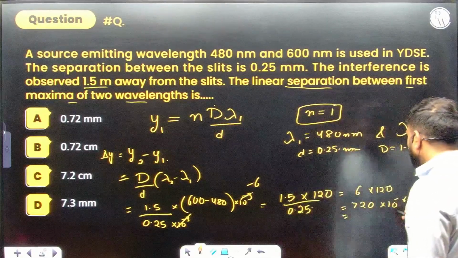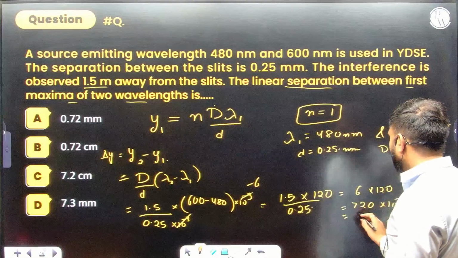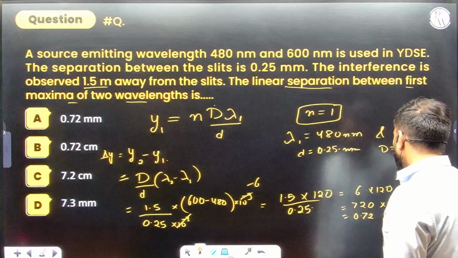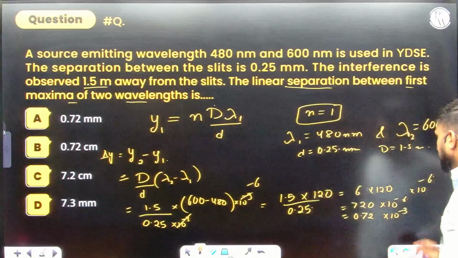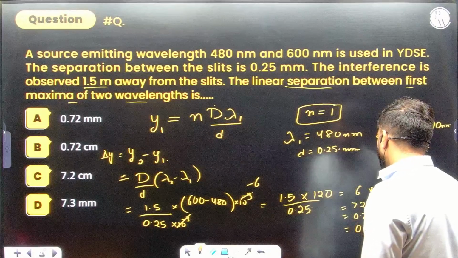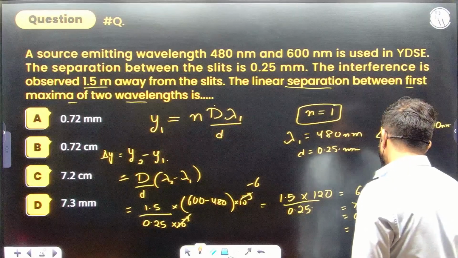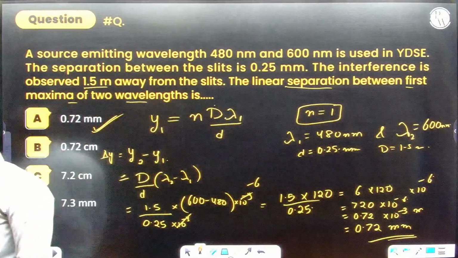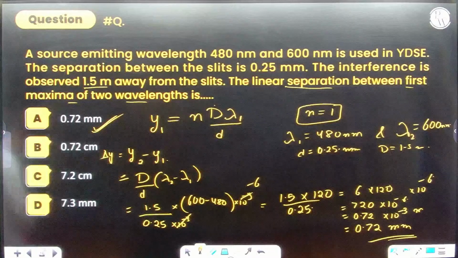So I'll take the 10 to the power minus 6 here and write it as 0.720 into 10 to the power minus 3. Correct or not? And 10 to the power minus 3 is millimeters. So I guess one of our options is matching: 0.72 millimeters. Get the point?